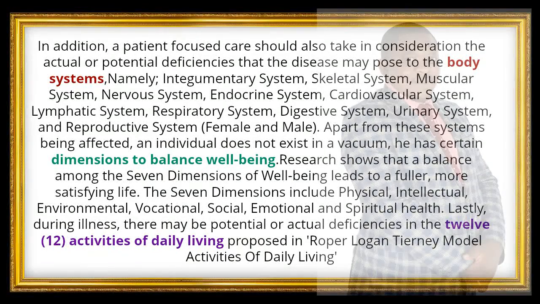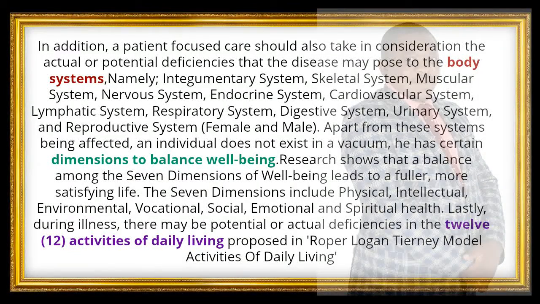So when you're coming up with your nursing diagnosis and nursing problem, bear in mind how these systems have been affected. You know that all these systems need to work very well for a patient to have balanced health. Apart from these systems being affected, an individual does not exist in a vacuum.